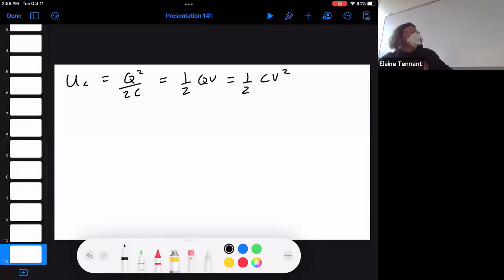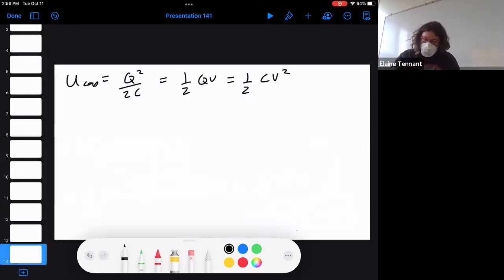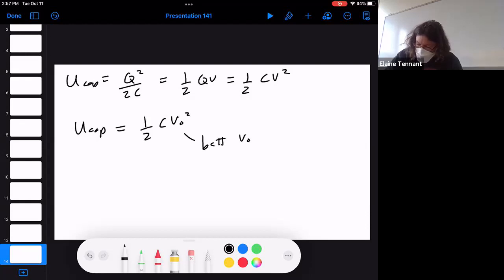So we plugged in a bunch of different stuff and said any of these works. And I'm hoping that you see that that's what we got. So that's the energy burned by the resistor. That would be equal to a fully charged capacitance. So this is 1/2 CV naught squared, where that's the battery voltage. That's how much energy this capacitor would have when it's fully charged.